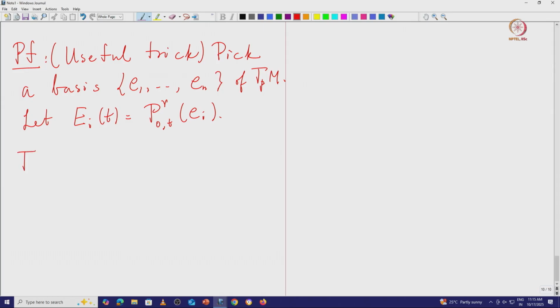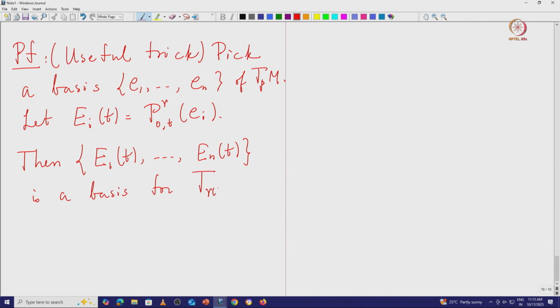Okay, so then because the parallel transport map is an invertible linear map, this will also form a basis, because invertible linear maps take basis to basis. So this is a basis for the tangent space at gamma of t.